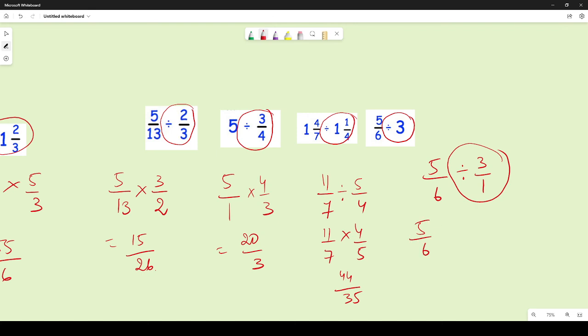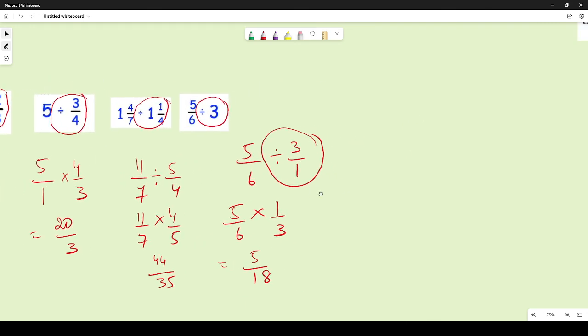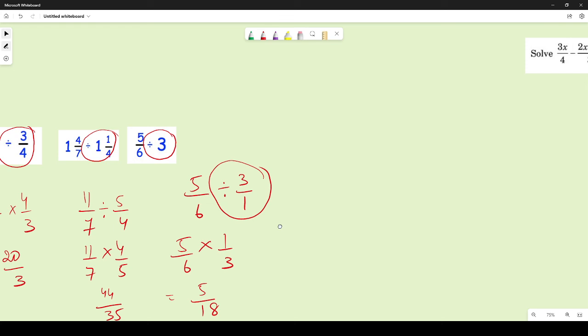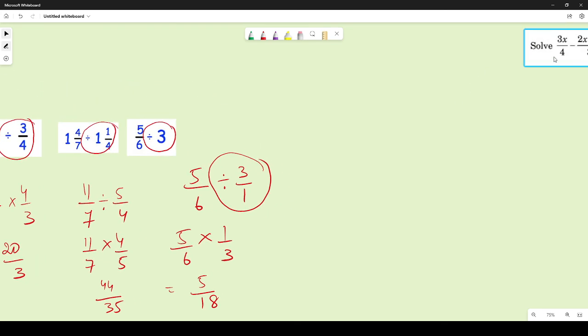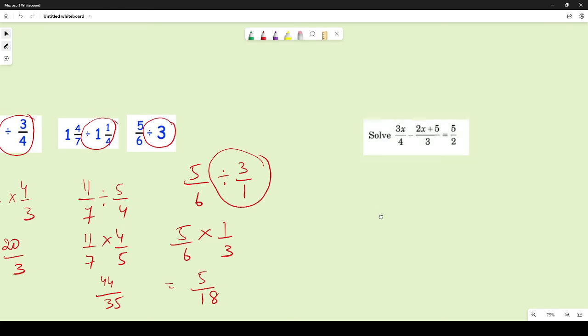So this will become 5 by 6 into 1 by 3. So this becomes 5 by 18. So those are the simple things that many students do not pay attention to and they get confused and they are unable to get the correct answers and they are scared of fractions because of that.